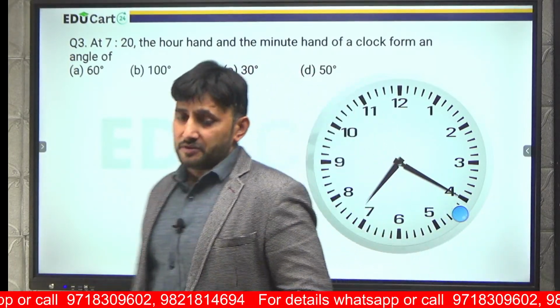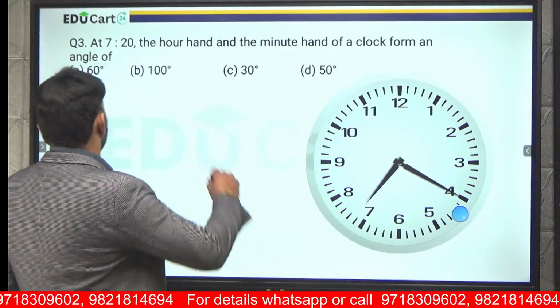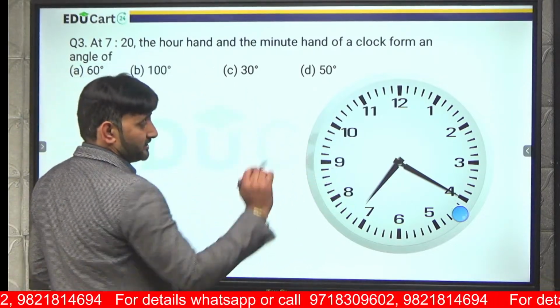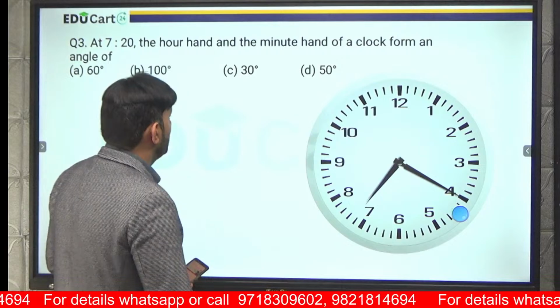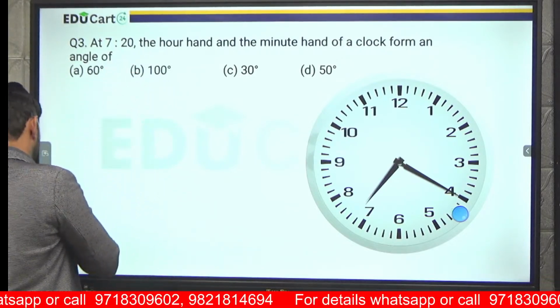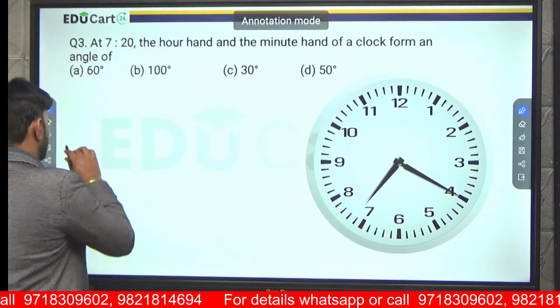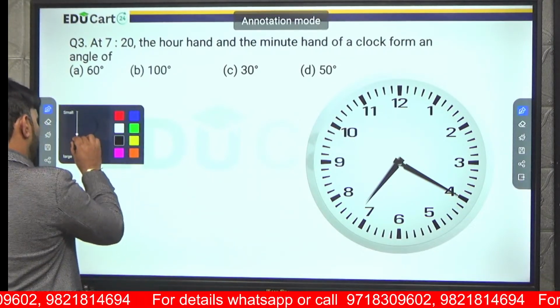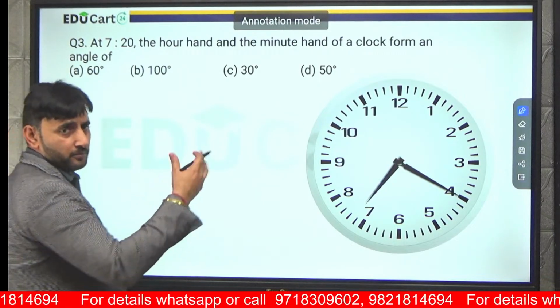So let us attempt this question. At 7:20, we know that this kind of situation will be there. The value of h is 7 and m is 20. So we know that the minute hand will be ahead. Even if you don't know, you can use any of the formulas, ignore the sign.